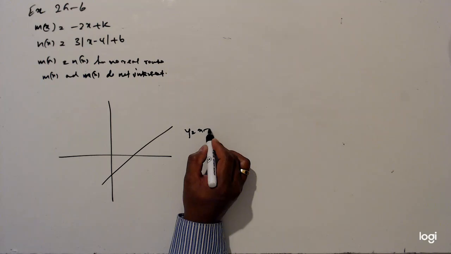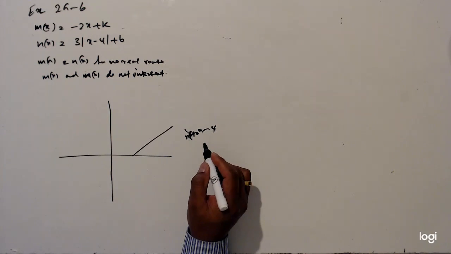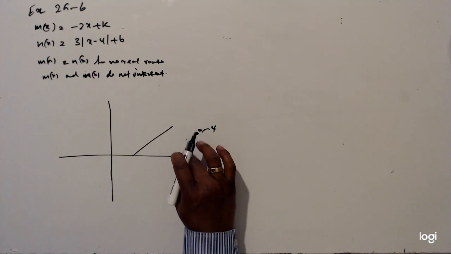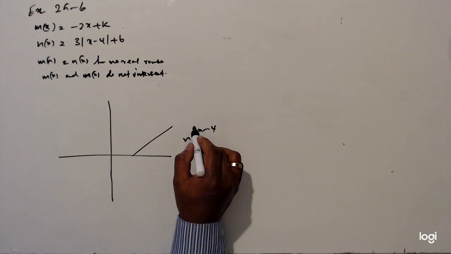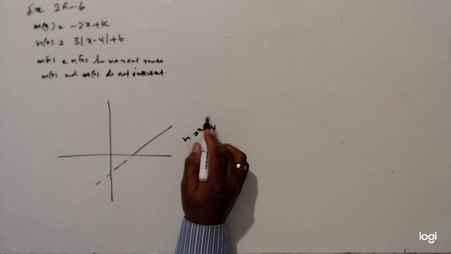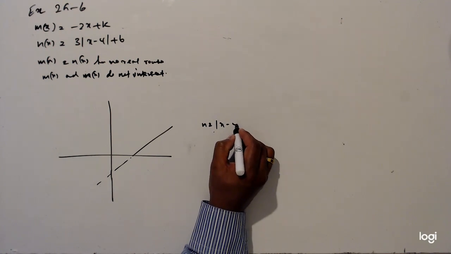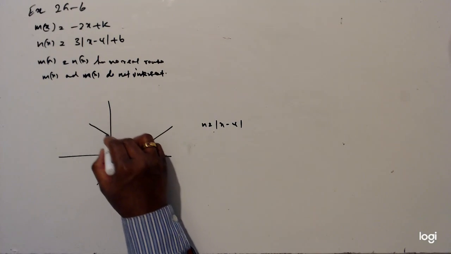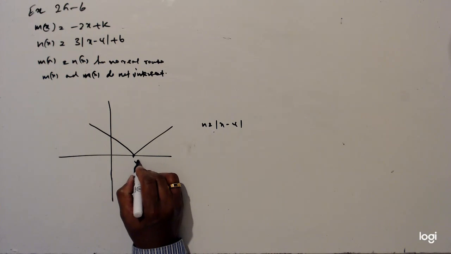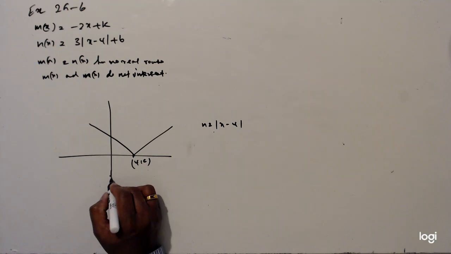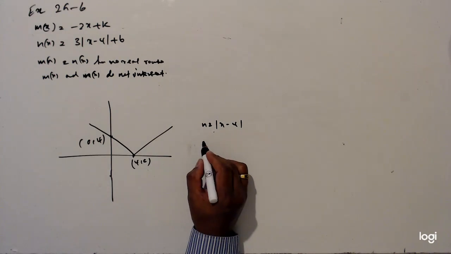I'll write y equals nx, and then I will put the mod value. So this is 4, 0. This is minus, 0 minus 4 becomes 0, 4, and 3 times.